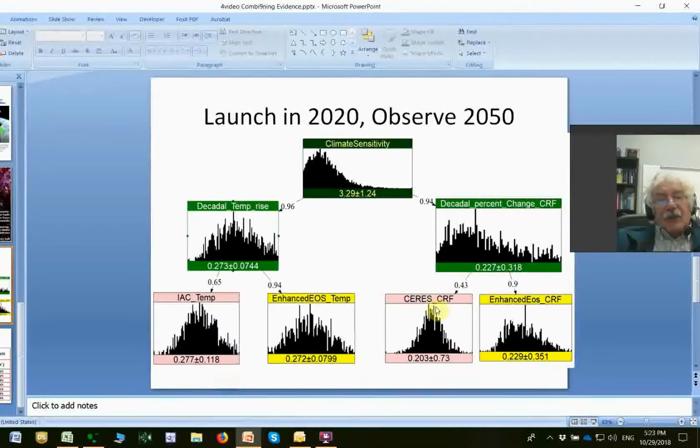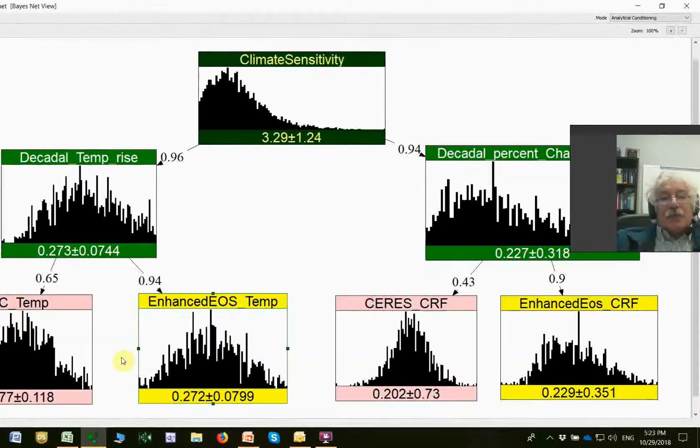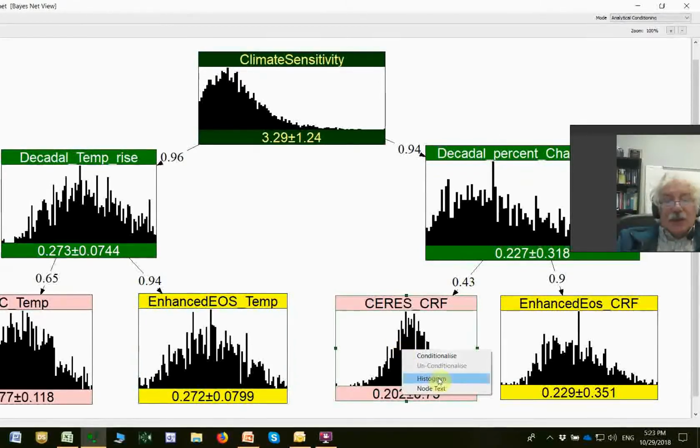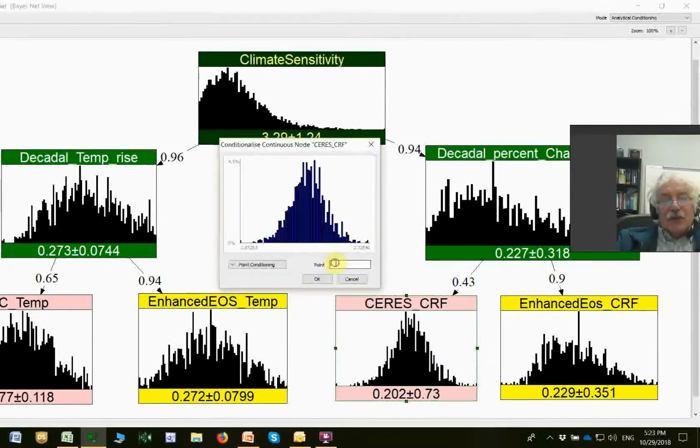Okay, so let's get started, and I'm going to now fire up the program. This is the same graph as we just saw, however now the program is live. And so we have here the current systems in pink, the enhanced measurement systems in yellow. And now suppose in 2050 we can measure the rate percentage change in CRF, and we observe the value of 1.